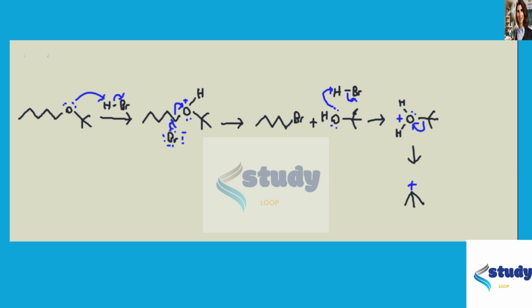From there, I'm actually going to change the way that I draw one of these. I'm going to draw the hydrogens on this one, and you'll see why momentarily. What's going to happen here is that, again, we can call on this bromide ion that we've generated to snatch a proton.